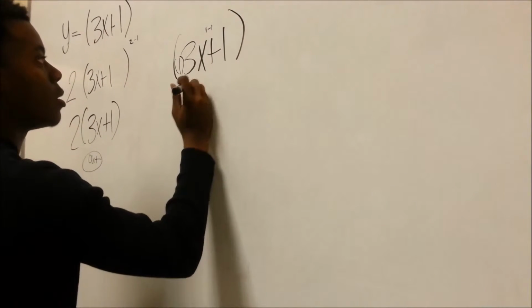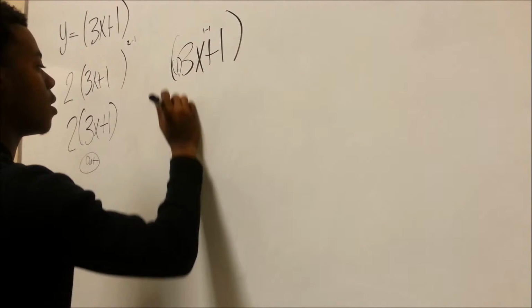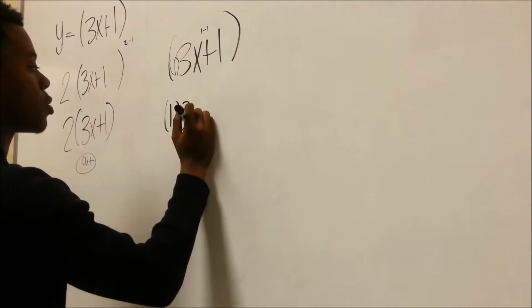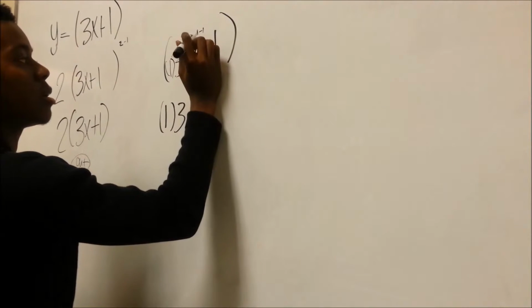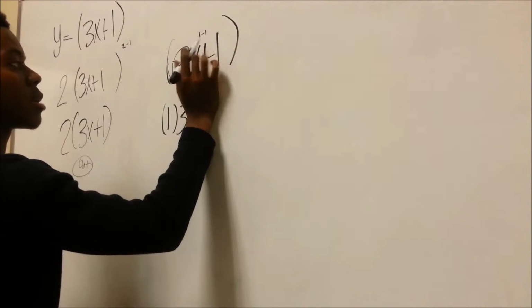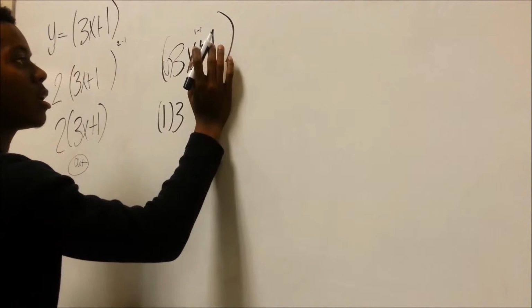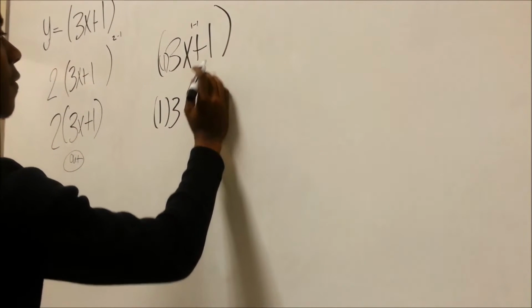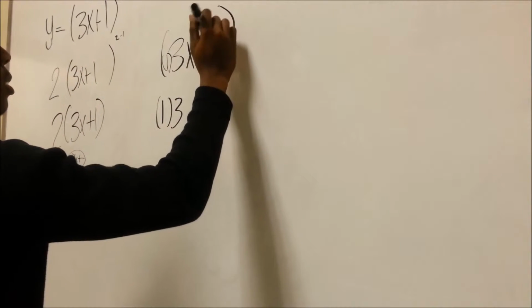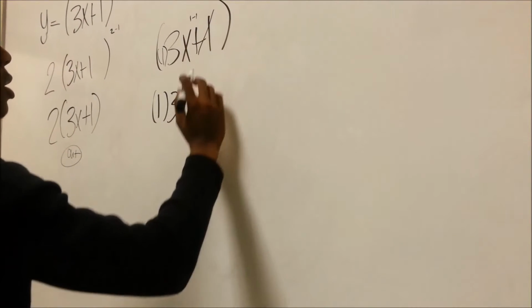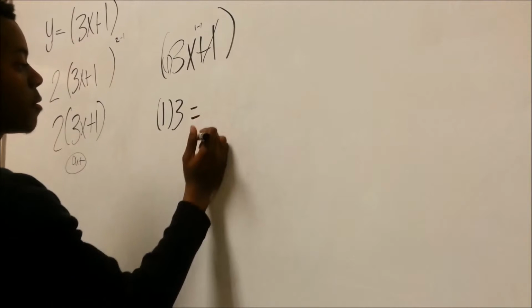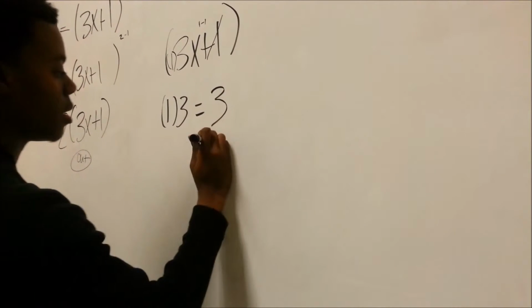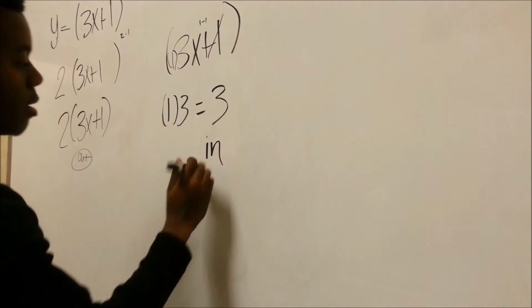Now, in doing so, we have a 1 times 3, because we lost the x due to the loss of the exponent, and the derivative of the constant is 0, so the 1 is taken away. So all we have left is 1 times 3, which is simply 3, and that is the inside.